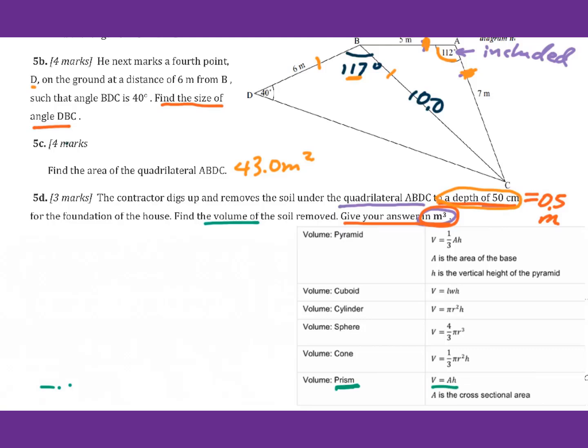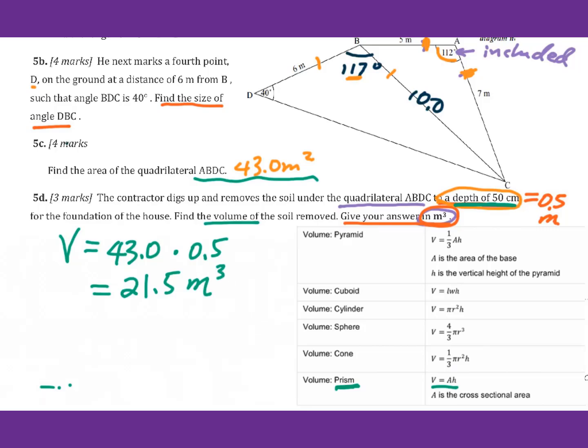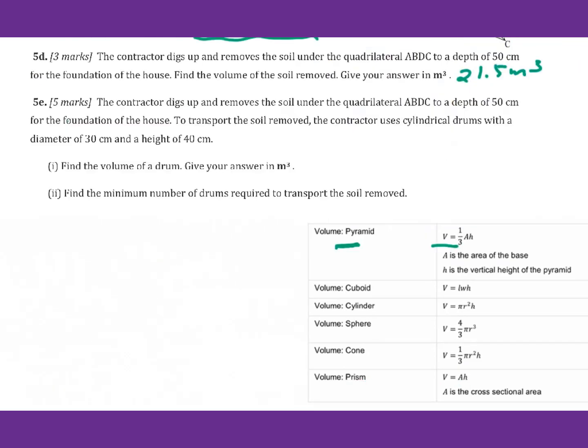Therefore, your base area times the height. The height will be this depth. So we have volume equals this area 43.0 times 0.5. You will get 21.5 meter cubed. Let's go to 5E.